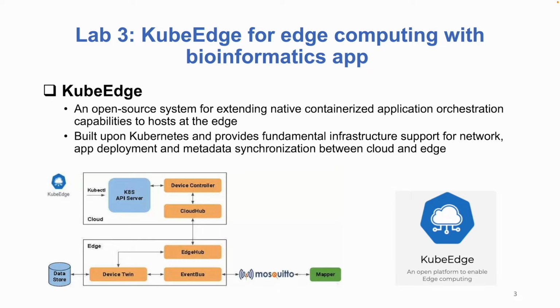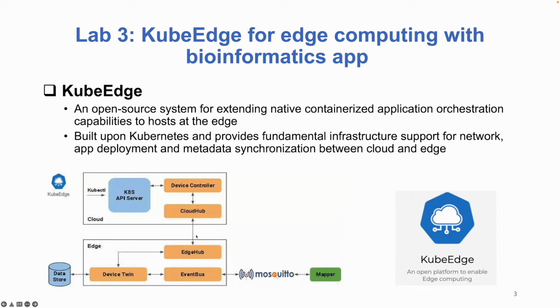You can see from the image below here, KubeEdge includes most of the main components in a Kubernetes cluster, as well as the API server. Through kubectl commands, you can talk to the API server and issue commands to the edge devices. The command will go to the device controller, and then the device controller on the cloud side will communicate to the edge side, the device twin, through hubs, which include the cloud hub and the edge hub.